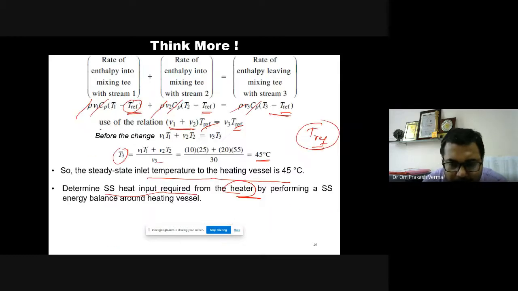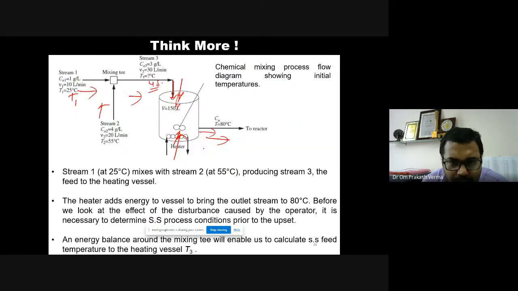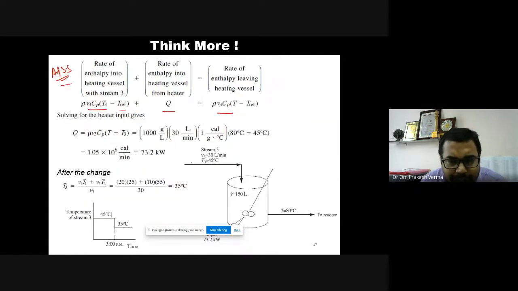plus Q. What is this Q? This is the heat entering from the heater. And the equation for the product side. So you can calculate the Q value. If this value is known and this value is known, based on this you can calculate the Q value.